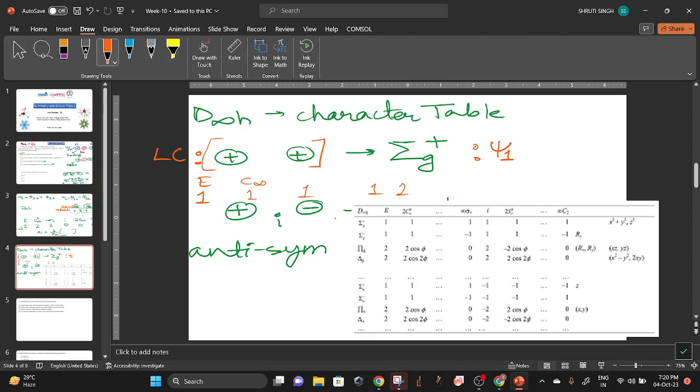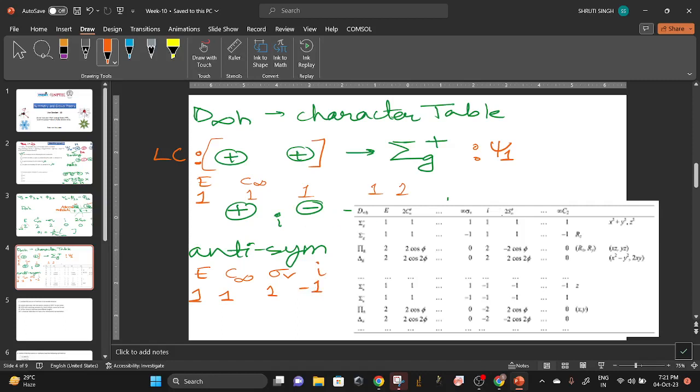But for the antisymmetric one, under E it will be 1. Under C infinity it will be 1, because C infinity is in this direction. Under sigma v it will be 1, and only under I it will change. If we put I, this minus will come here, plus will go here. So under I, it will have a negative character.